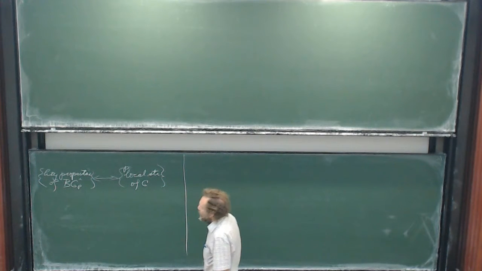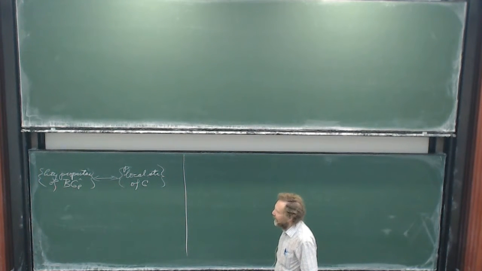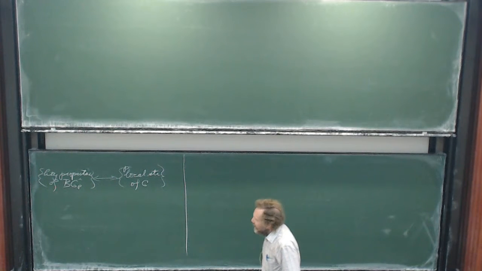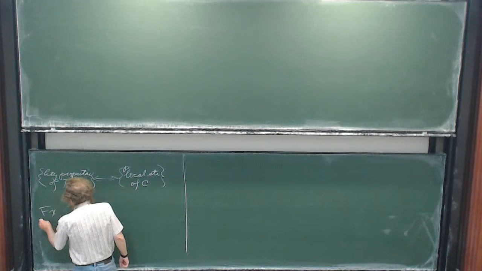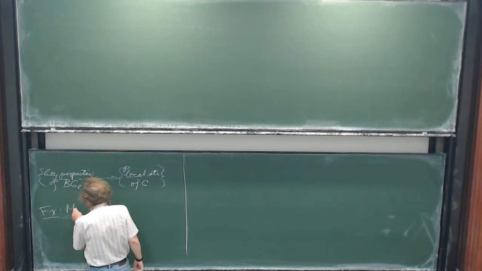And one of the main examples of this has already been mentioned several times, namely the Martino-Priddy conjecture.